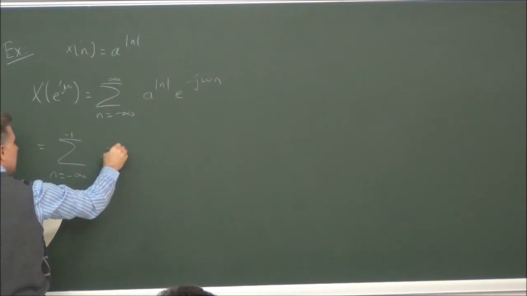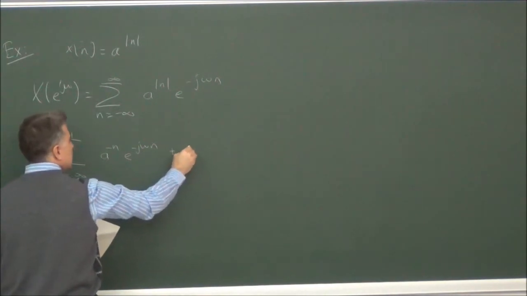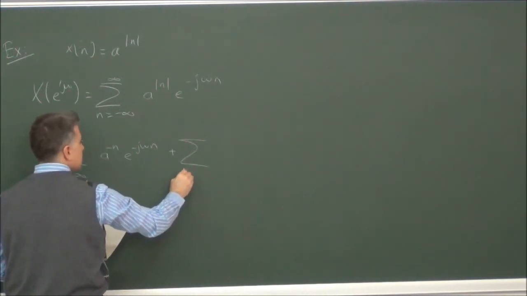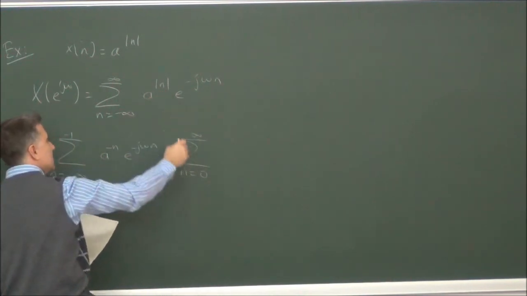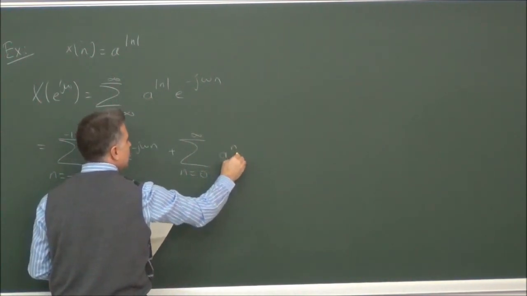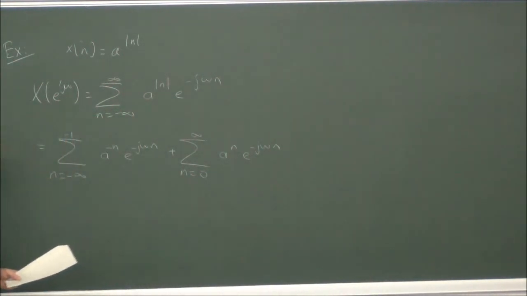It's equal to minus n, minus j omega n, plus all the others from 0 to infinity. Over there, absolute value of n is the same as n. We have a to the n, e to the minus j omega n. So you must split the case into two and evaluate the two summations independently.